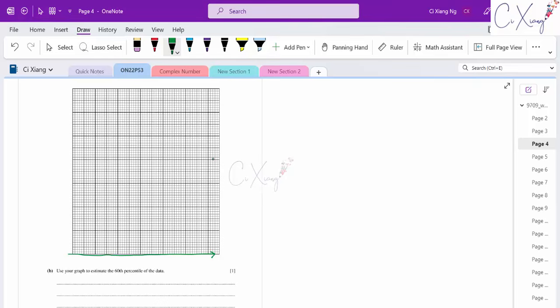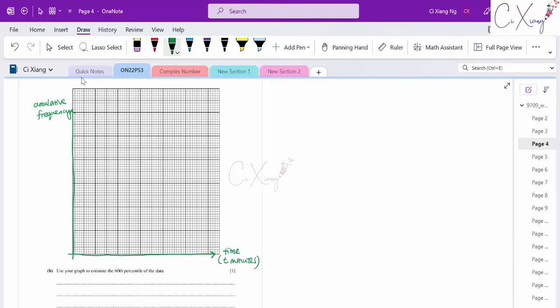Okay, and then for the y-axis, try to sketch it out first. The y-axis will be cumulative frequency. The x-axis here will be the time in minutes, so we call it t minutes.